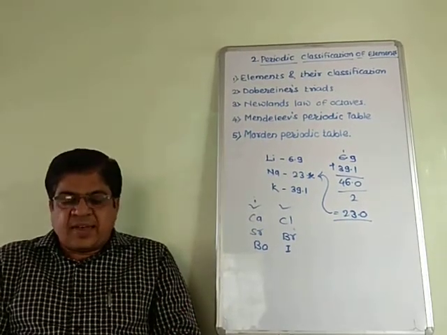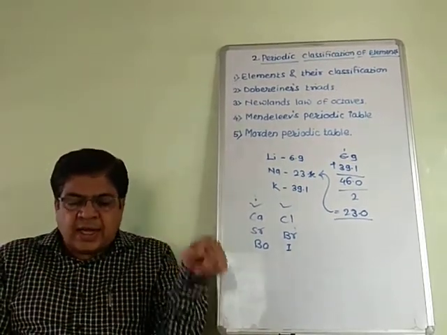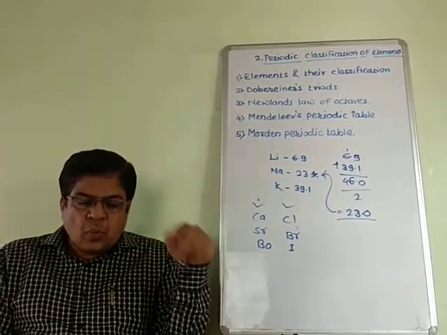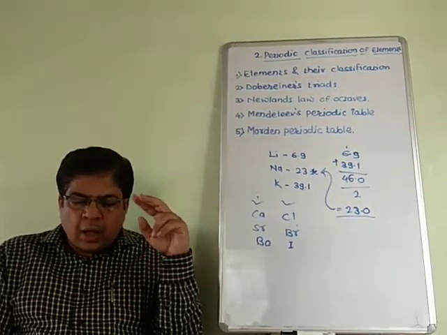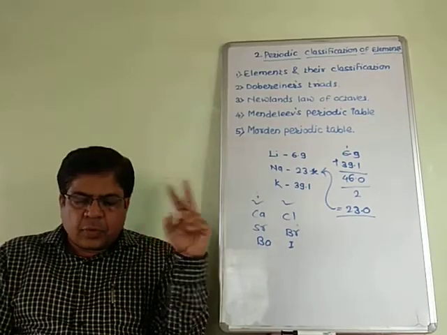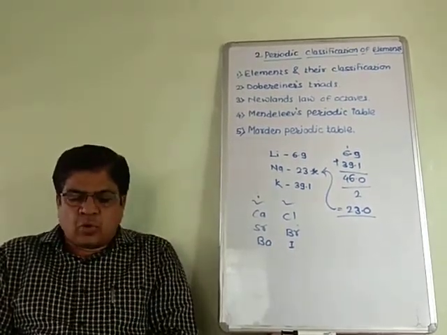There are 7 horizontal rows and 18 vertical columns. Horizontal rows are called periods, while vertical columns are called groups.